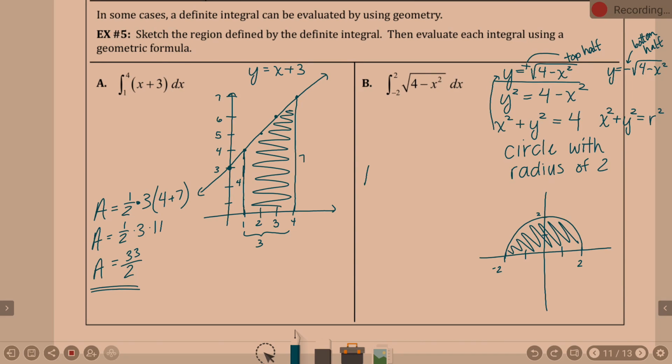Pi r squared. 2 pi r. Pi r squared is the area of a circle. Half pi r squared. We're doing the top half of the circle.